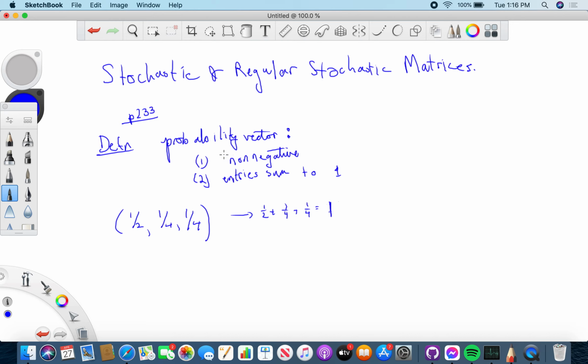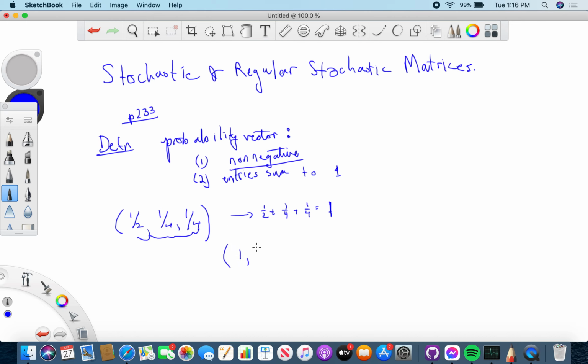When we say that the vector is non-negative, what we mean is none of these entries here are negative. So 0 is okay. We don't want to say positive because we want to include the possibility that an entry is 0.